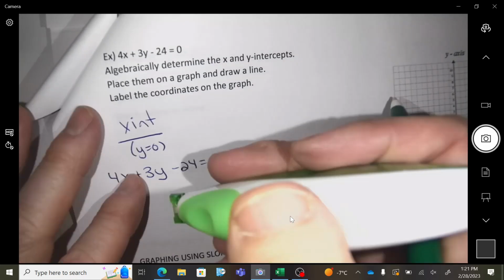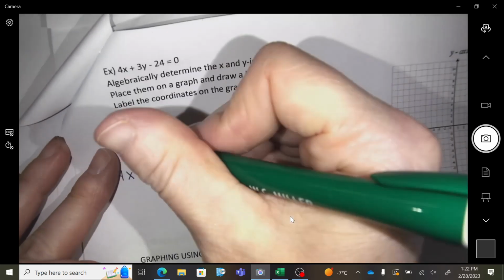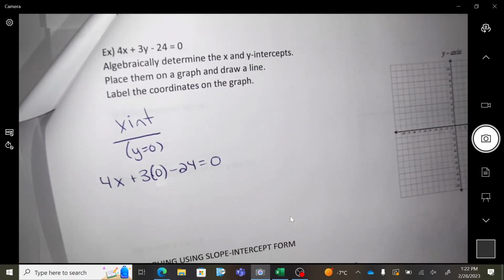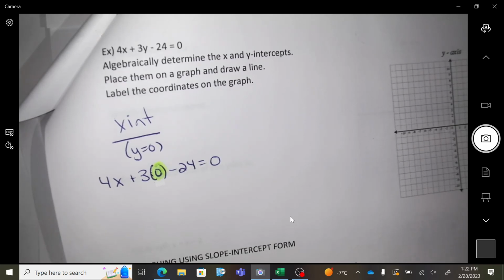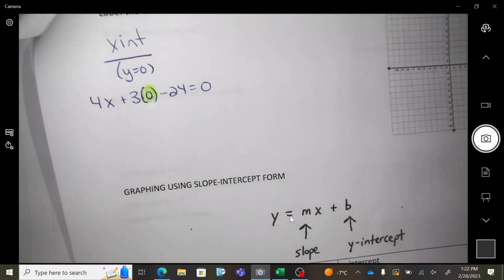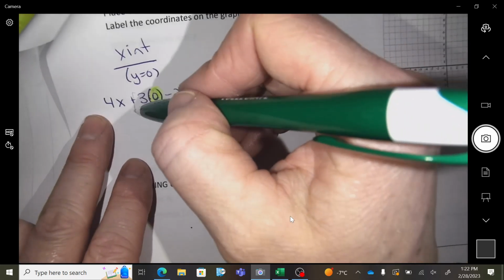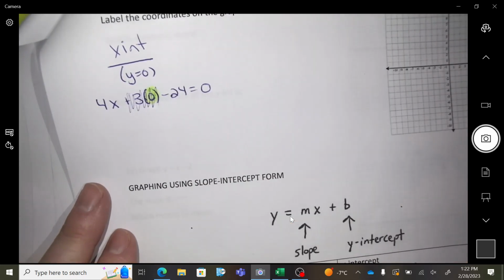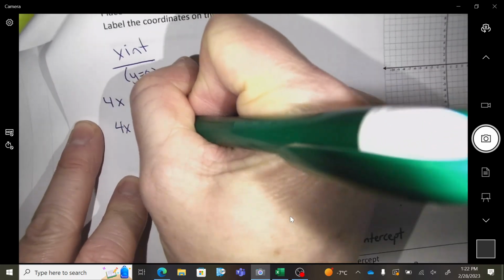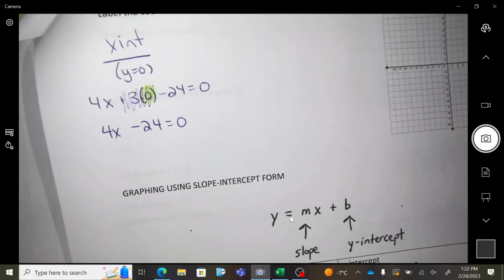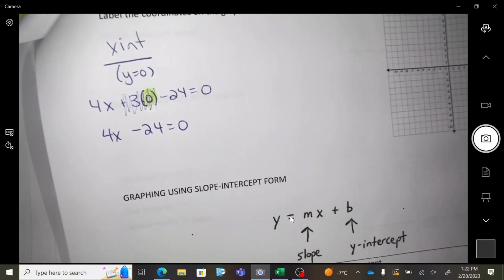Oops, I didn't replace my y yet with a 0. So I replaced y with 0, and then basically that's just not there.